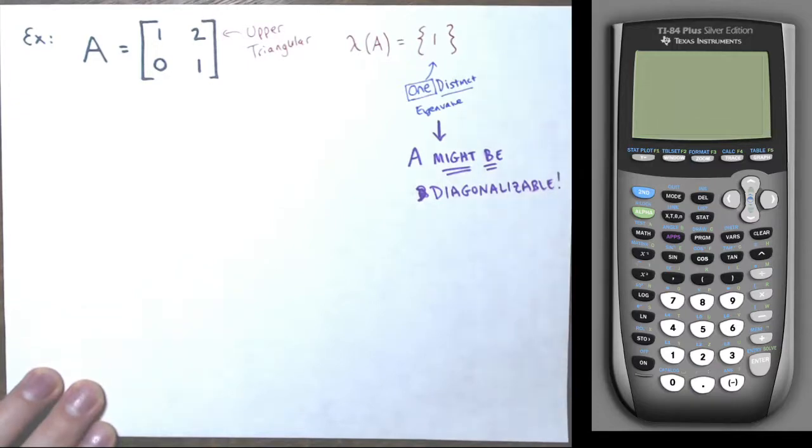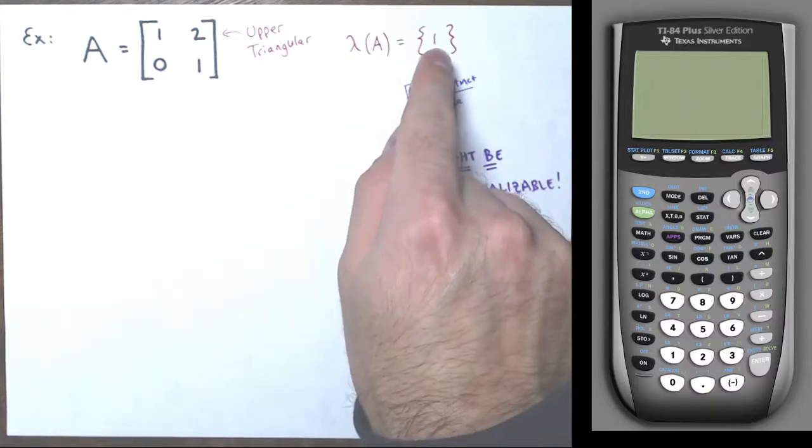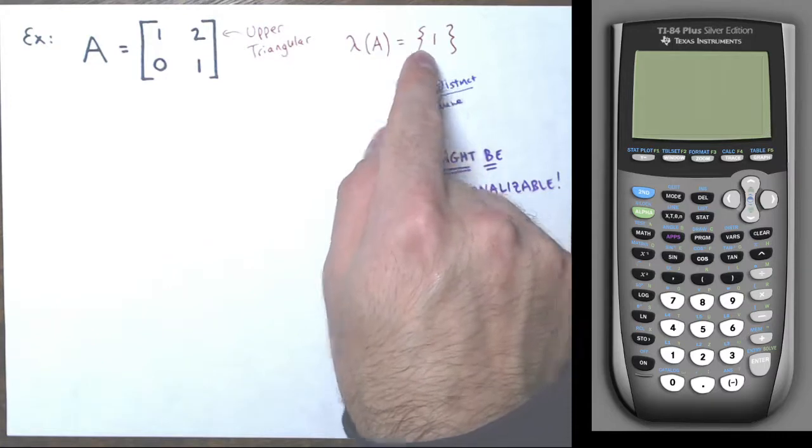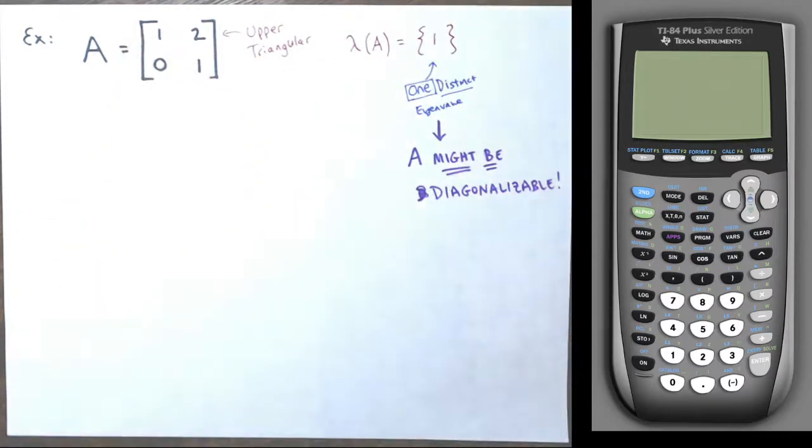So don't automatically say, oh no. We're going to see an example also where there is what they would call a repeated eigenvalue, there's 2 of them, but the matrix is still diagonalizable. This one unfortunately won't be. Let's check though.